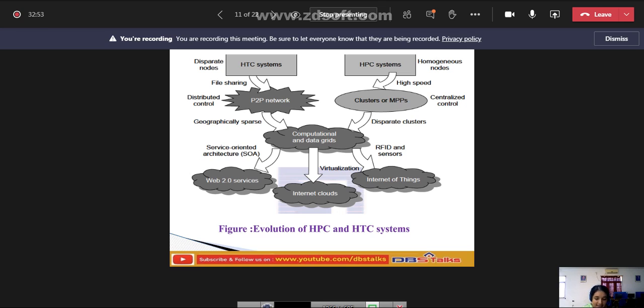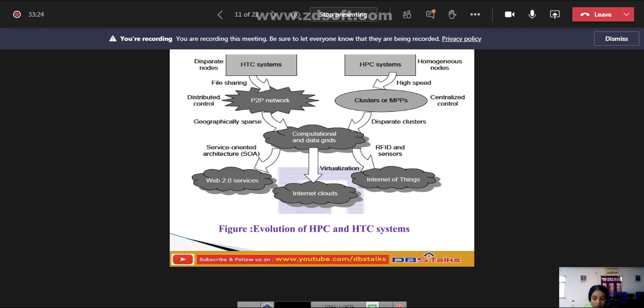A cluster is a collection of homogeneous compute nodes that are physically connected in close range to one another. So here we discuss the clusters, MPPs and grid systems.